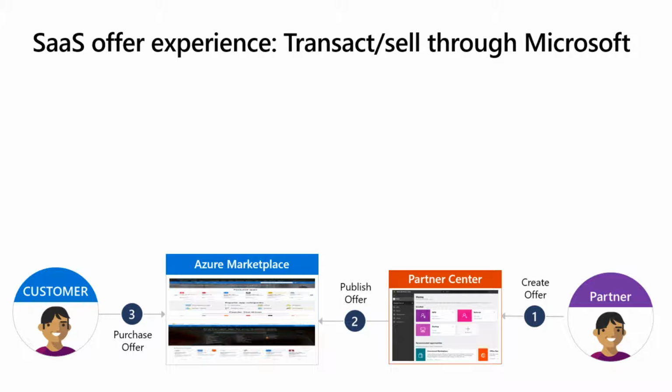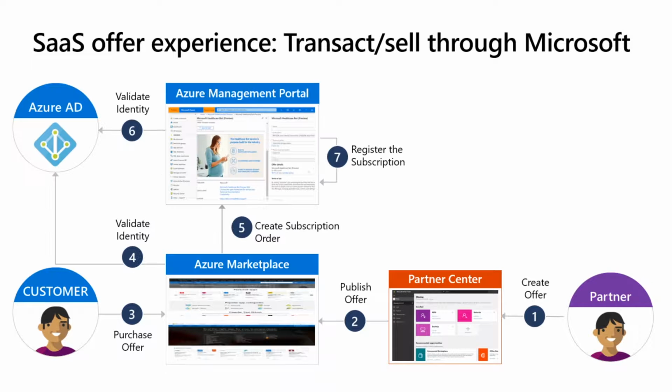The next thing that will happen is that once the customer finds your solution and clicks on it, they will be asked to log into Azure Active Directory, and they will find information regarding the solution they're looking to buy. The first thing they will see is the product description.